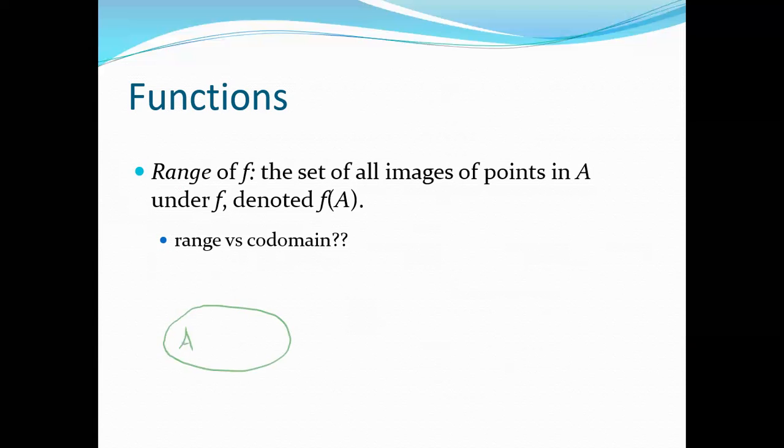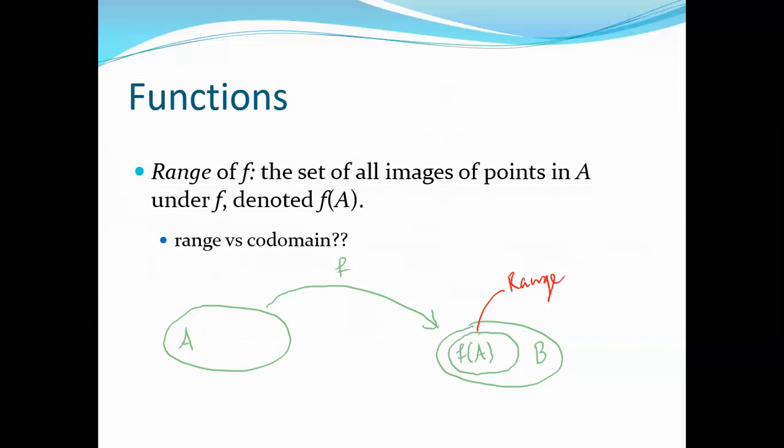Here's A, here's B. If I take anything from A, there's going to be some set that gets formed inside of B that we'll call f of A. This f of capital A is called the range. But what is B called? B is called the codomain.